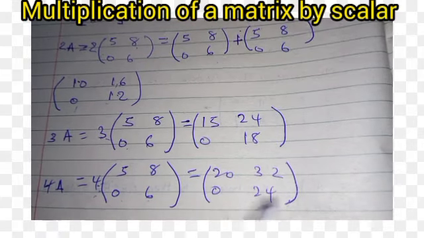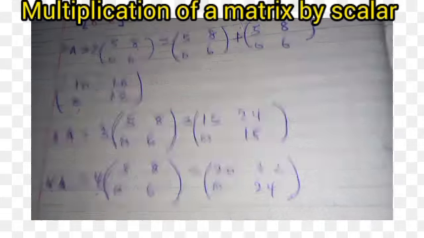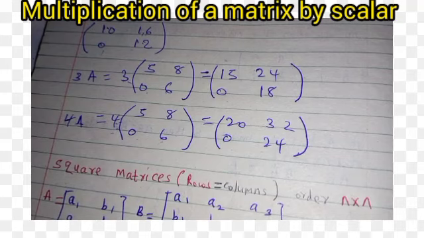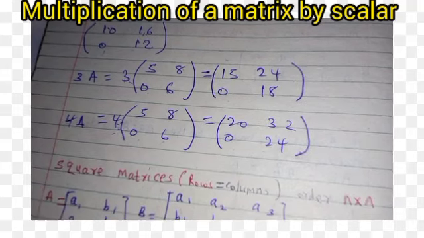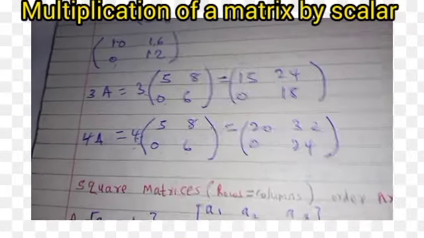So that is how you multiply a matrix with a scalar. You multiply each element of the matrix with the given scalar.